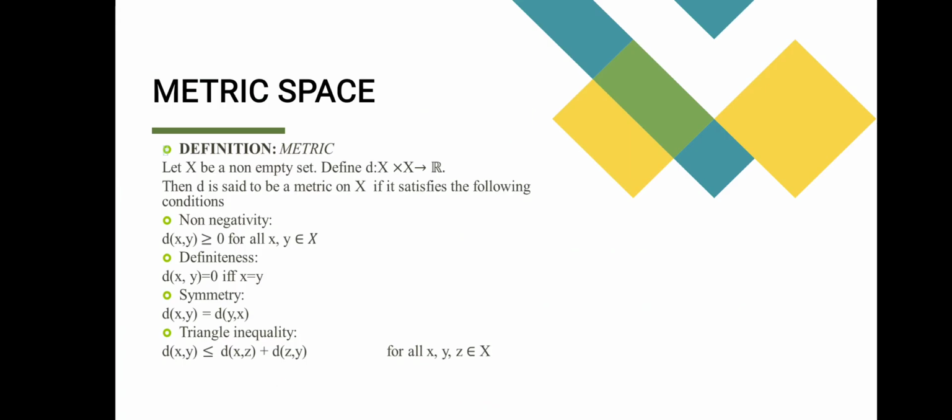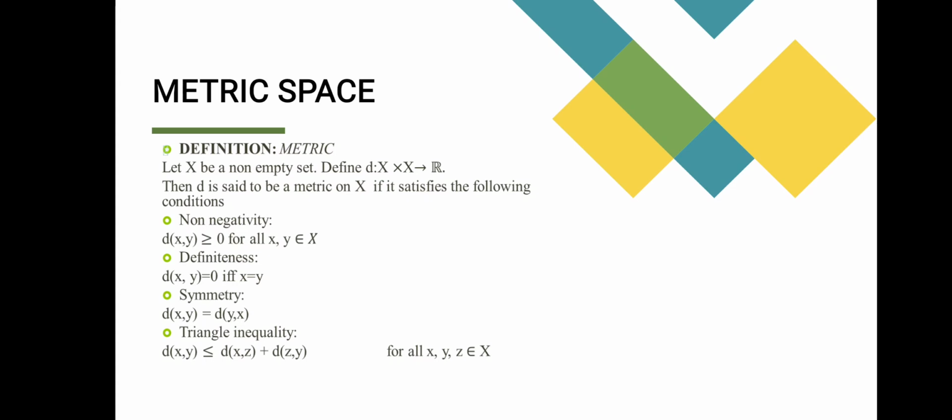Metric space definition. Metric: Let X be a non-empty set. Define d as a function from X cross X to R. Then d is said to be a metric on X if it satisfies the following conditions: Non-negativity, d of x comma y greater than or equal to 0 for all x comma y belongs to X. Definiteness, d of x comma y equal to 0 if and only if x equal to y.